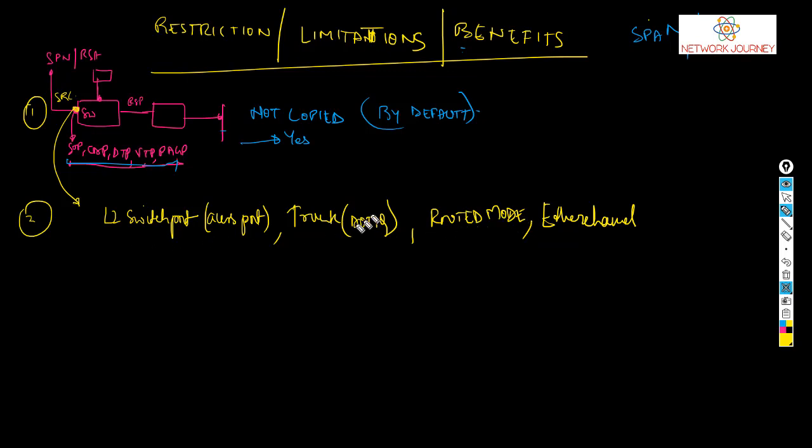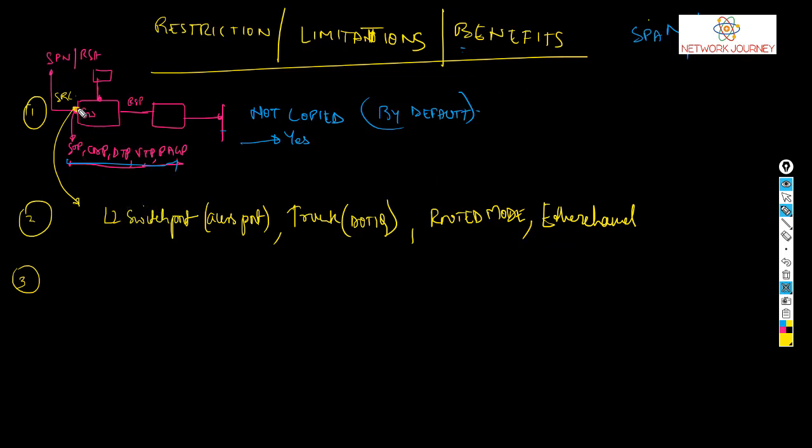So I would say that there's a benefit. Otherwise, the limitation would be that it's not capable of handling trunks, or not capable of handling the routed mode, right? So basically it can handle a lot of modes. So that's a benefit on these low end devices, because you don't have any other way to enable the SPAN. What about the next thing?